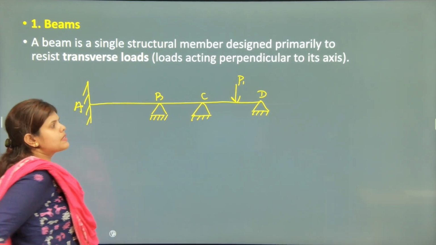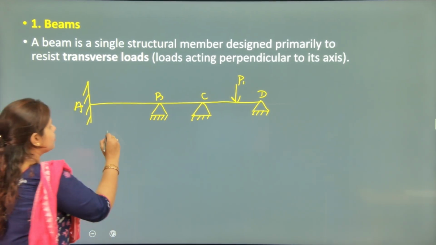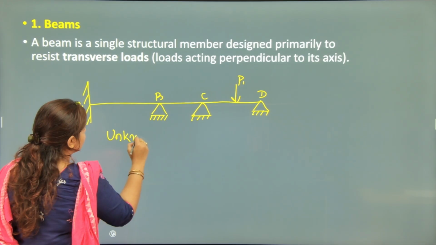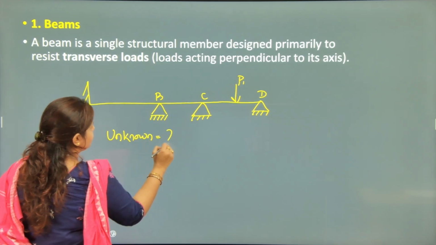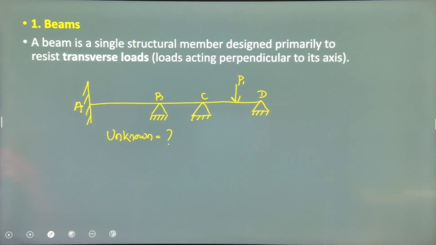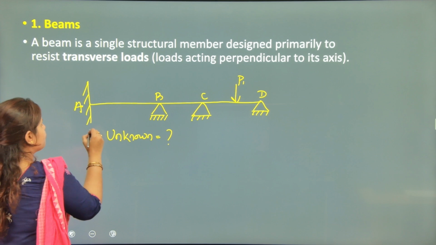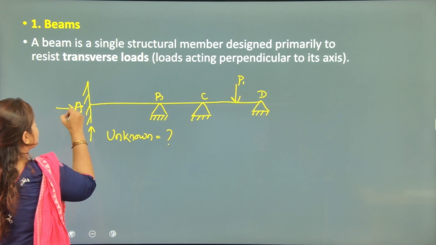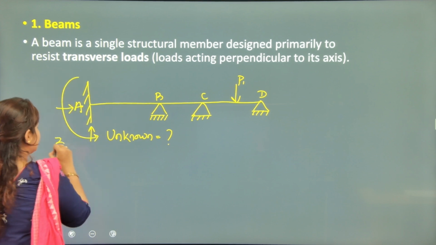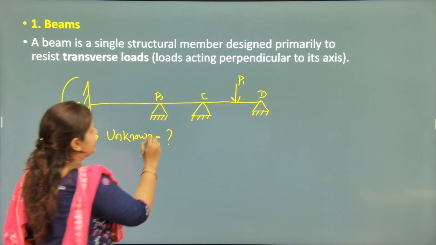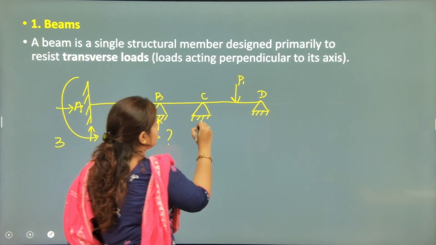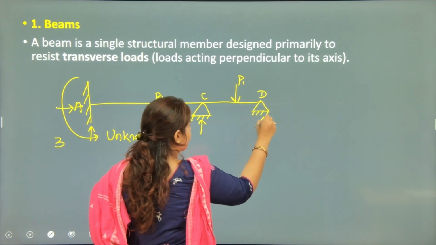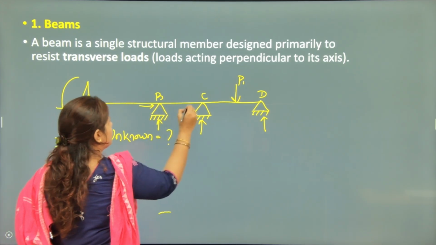In case of ABCD, the number of unknowns is equal to what? In case of fixed support, we know that the reaction will be 3, and for hinge support 1, 1, 1 in vertical direction.